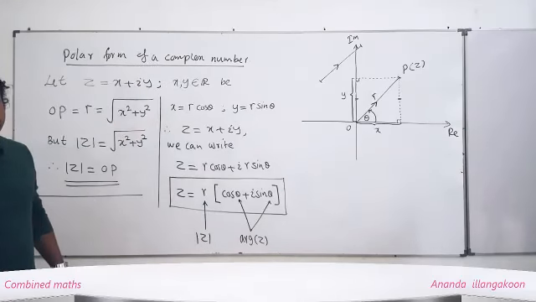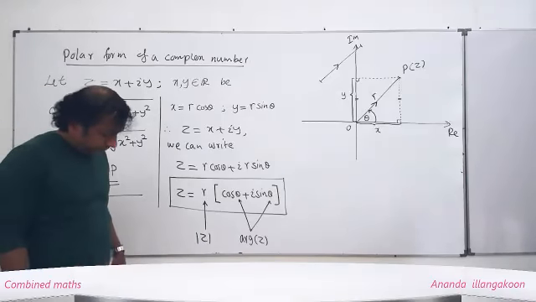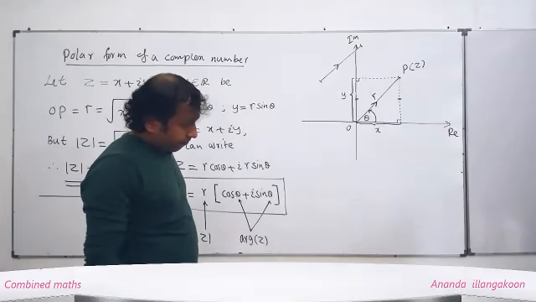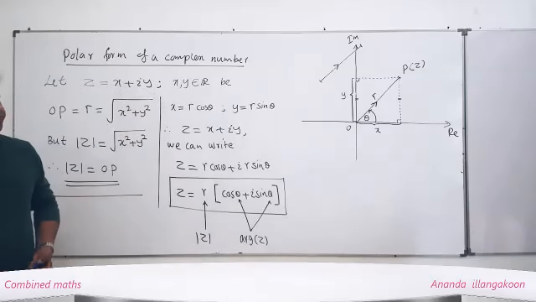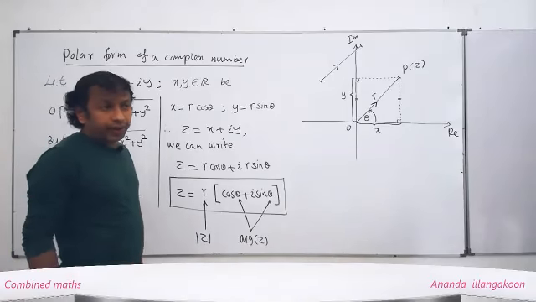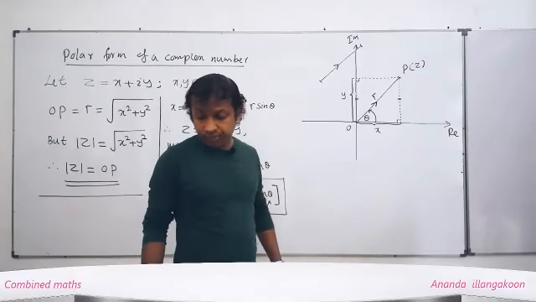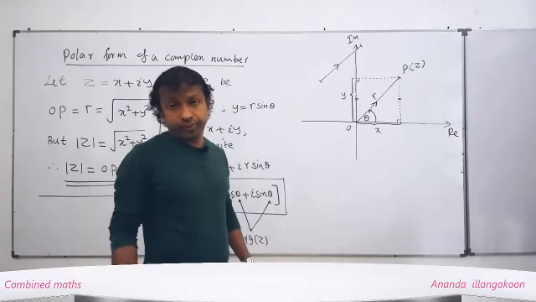This suggests the polar form of a complex number has vector property.